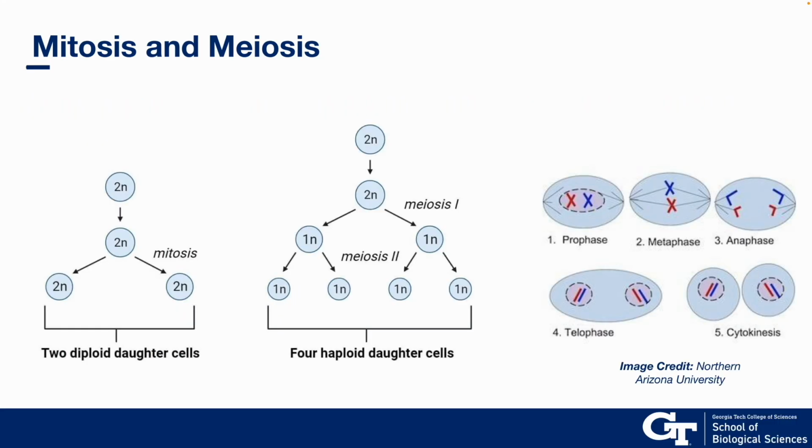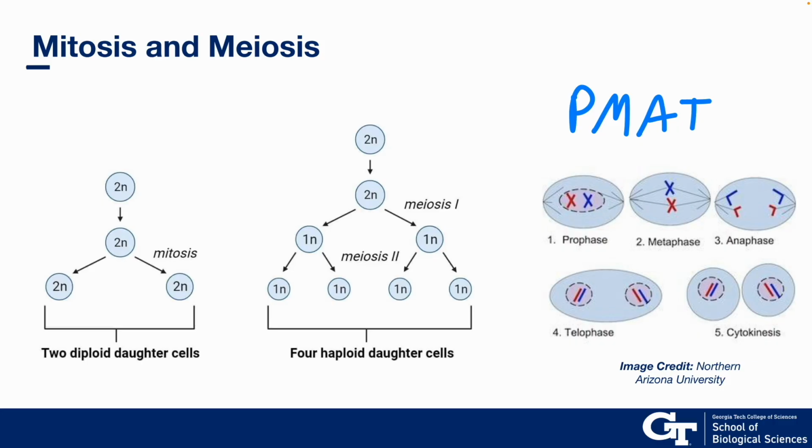And you can kind of see that graphically here, where with mitosis, we produce two daughter cells that are genetically identical, and they are both diploid. However, with meiosis, we go through two different divisions, and we get 4 haploid daughter cells. And as for the stages of this process, the acronym we've all been taught is PMAT.